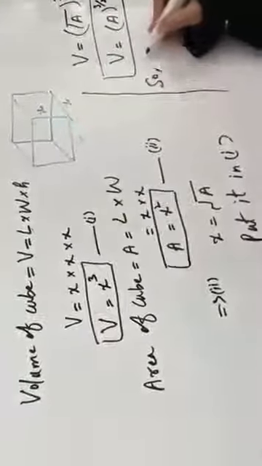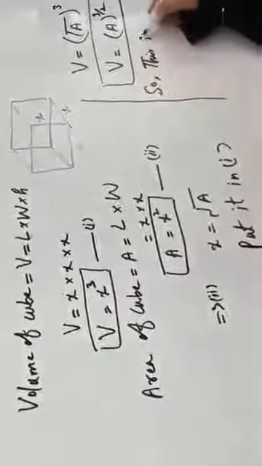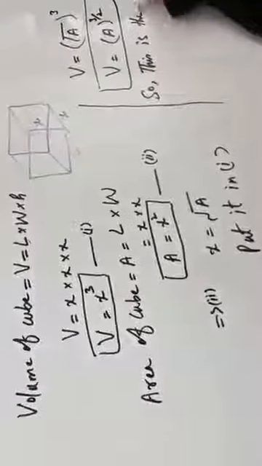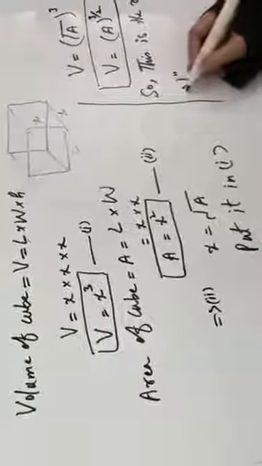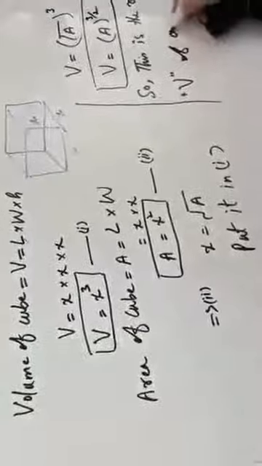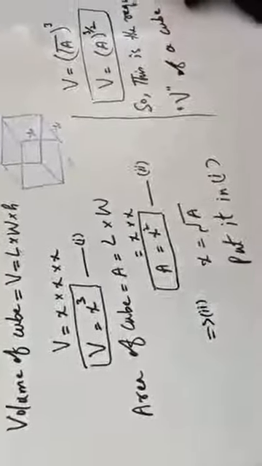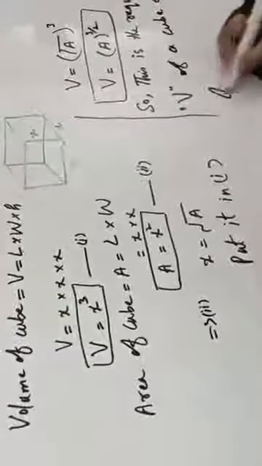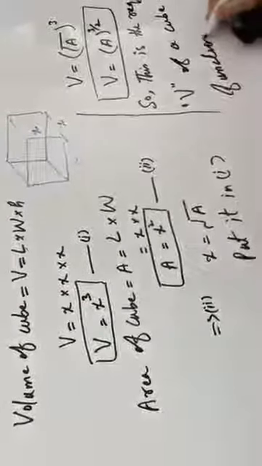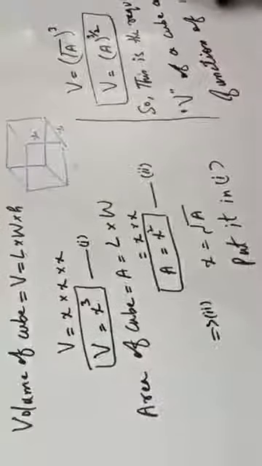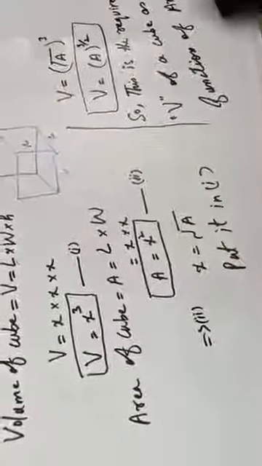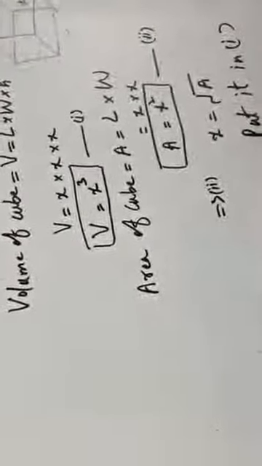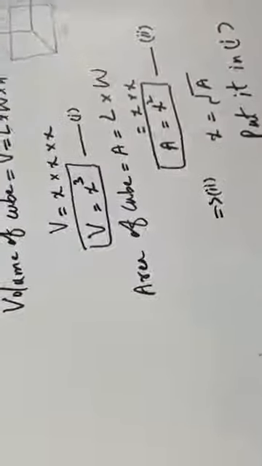So this is the required volume of a cube as a function of area A. Okay. Now our question number 3 is completed. So please do practice our question number 1, 2 and 3. Assalamu alaikum wa rahmatullahi wa barakatuh.